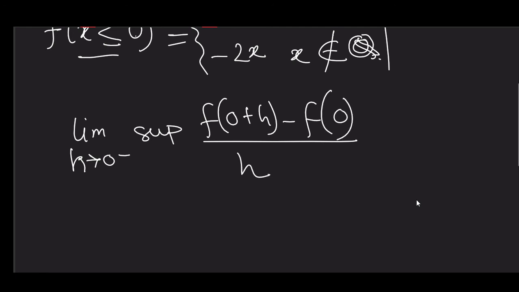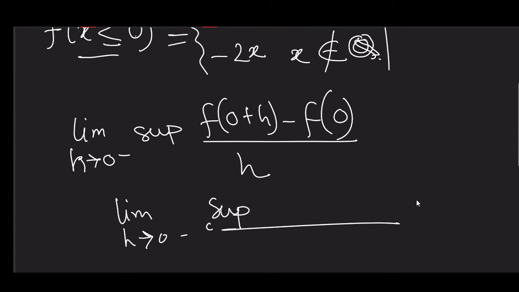then what you will get is limit h tends to 0 minus, the supremum over 0 to h, obviously, because 0 is the biggest possible element you can have here.